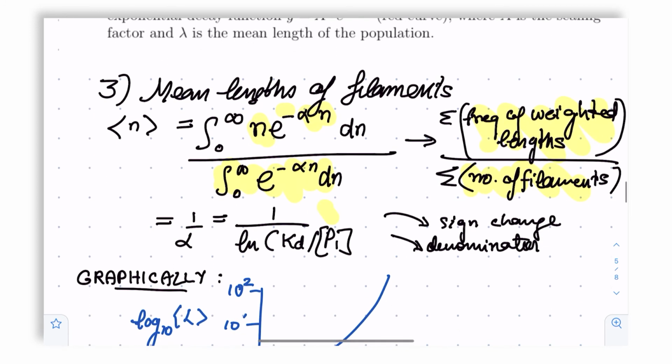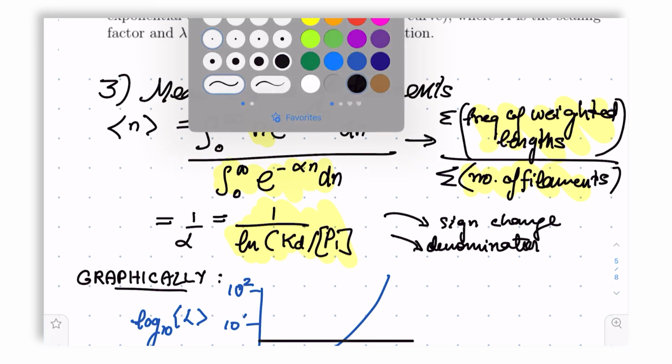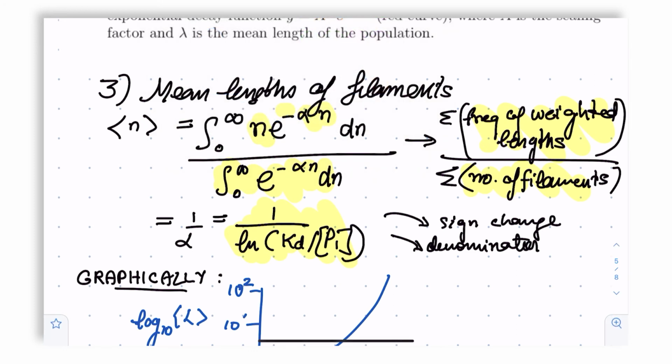This leaves us with this expression here, which is 1 upon natural log of Kd by p1. Please note that the numerator and denominator in the brackets have shifted a little bit.